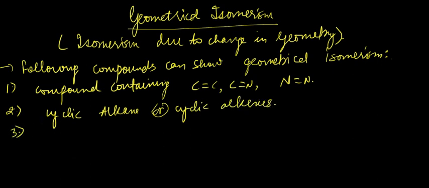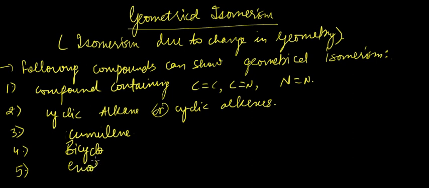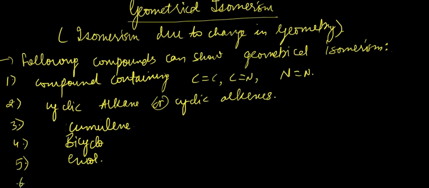Third is cumulenes. Fourth is bicyclo. Fifth is enol, and sixth is enolate ions.